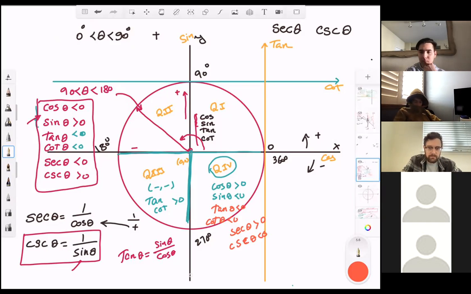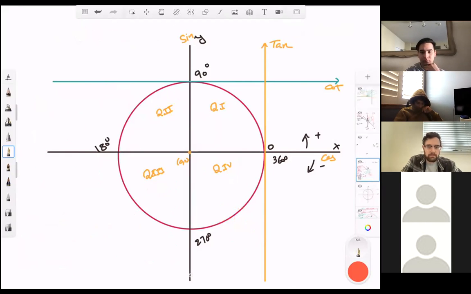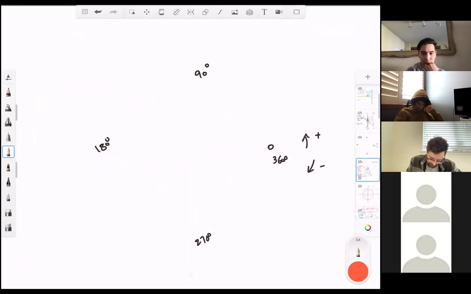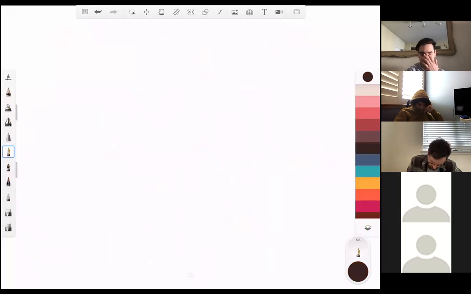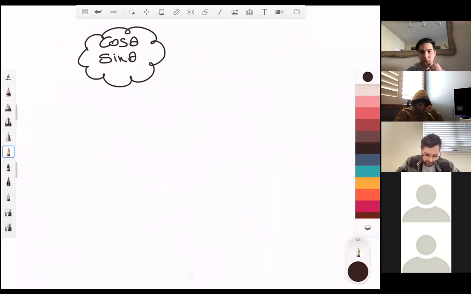Okay. So this is very important. So now let's go back to identities. Cosine of theta, sine of theta.